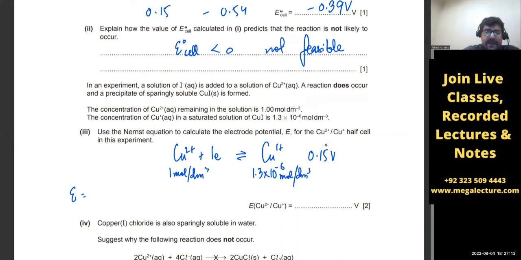So I have to find out the new potential. The new potential would be the old potential E naught plus 0.059 divided by Z, which is the number of electrons, times log of oxidized species, which is the one on the left side, so that's 1 mole per dm cube, divided by the reduced species, which is the one on the right side, that's 1.3 times 10 power minus 6.